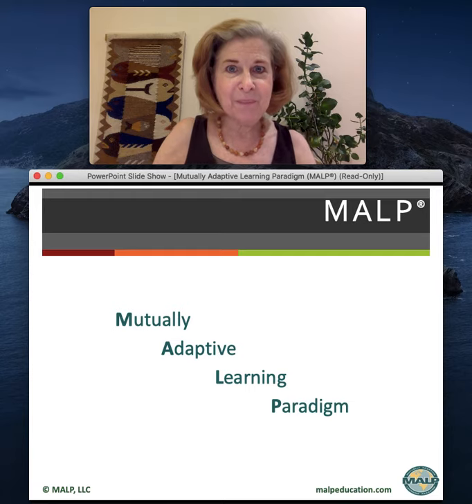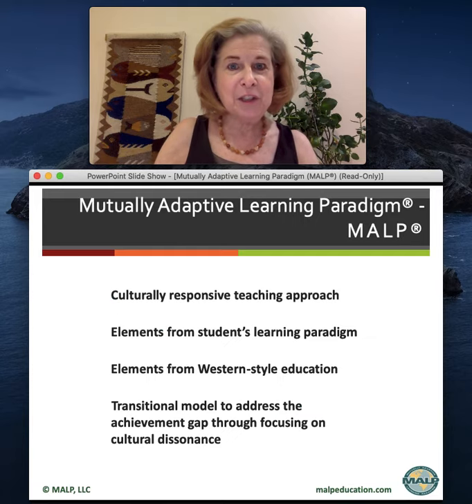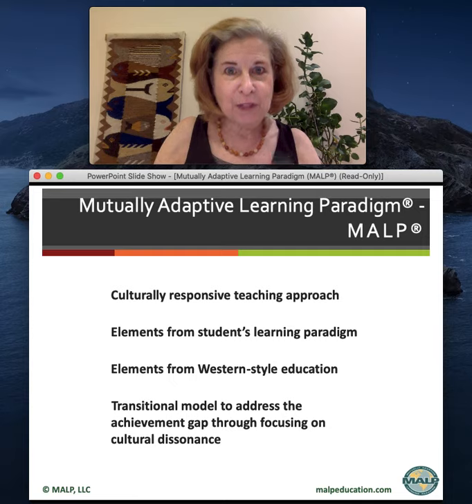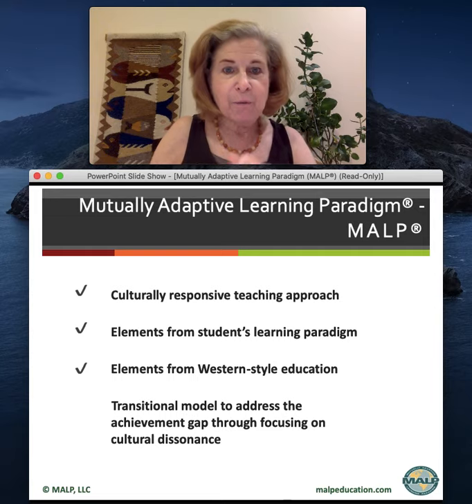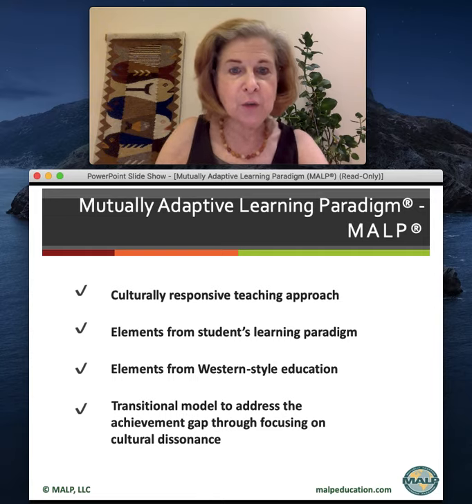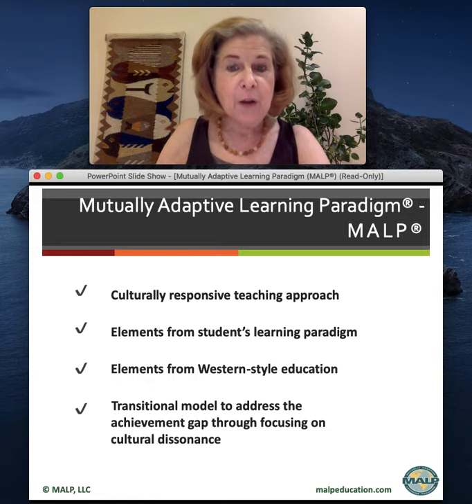Let's see. First, we're going to look at what we're really doing here. We're providing culturally responsive instruction that takes elements from the student's learning paradigm and elements from Western-style education, and we make a transitional model to address the achievement gap through focusing on cultural dissonance.